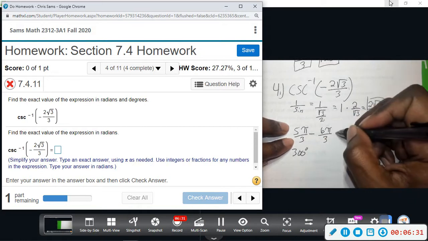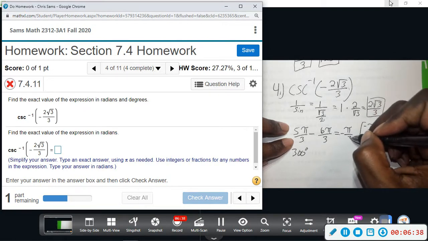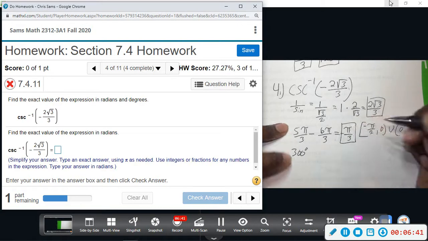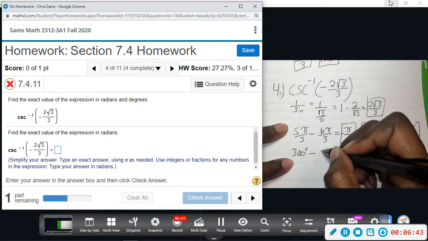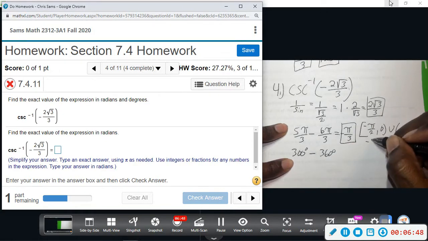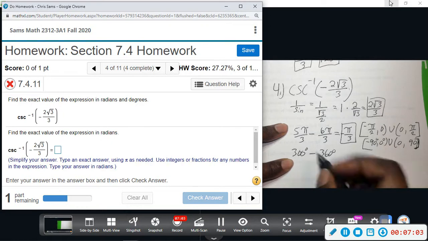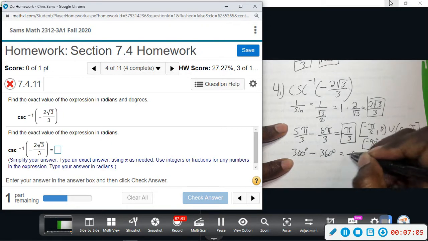When I do that math, 6 minus 5 gives negative pi over 3. Then I do 300 minus 360 to get within the limits of negative 90 to 0 and 0 to positive 90 degrees. That will give us negative 60.